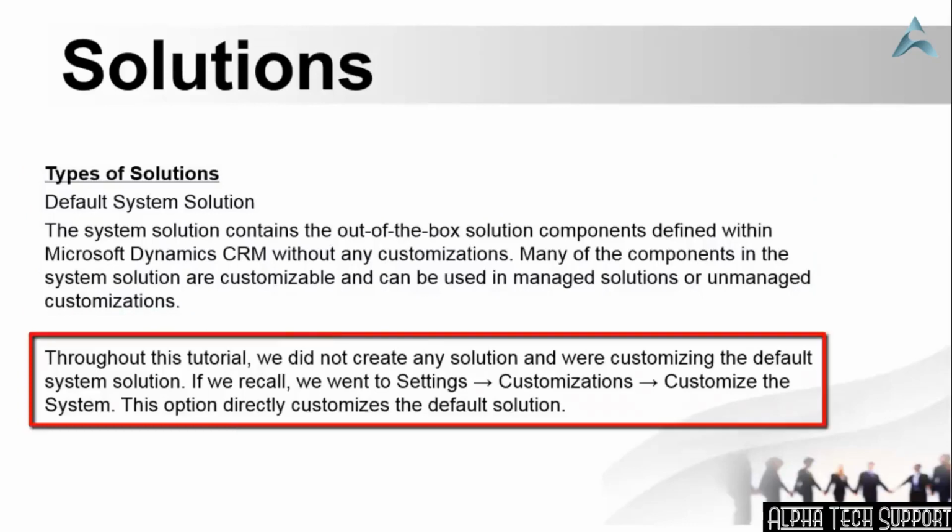Throughout this, we did not create any solution and were customizing the default system solution. If we recall, we went to Settings, Customization, Customize the System. This option directly customizes the default solution.